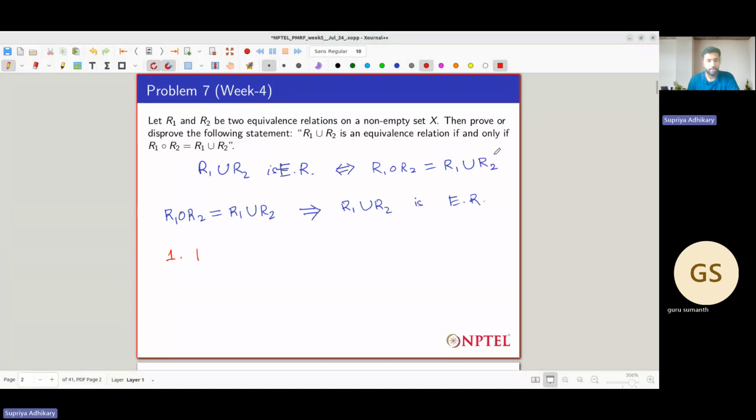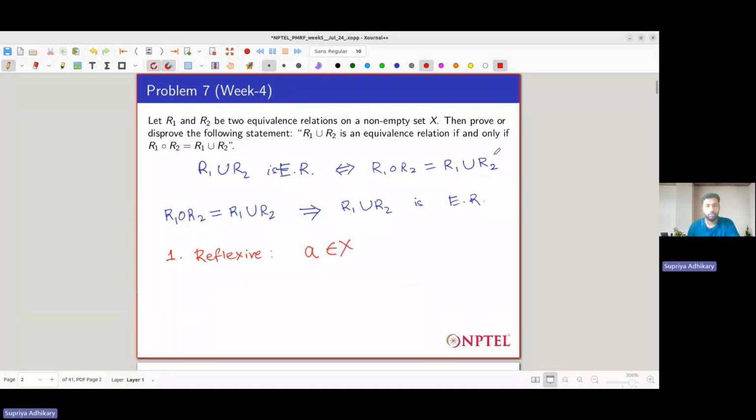The first property is the reflexive property. So what was the reflexive property? For any a belonging to X, we have to prove that (a, a) also belongs to R1 union R2. Only then can we say that this is a reflexive relation. Now is that true or not?